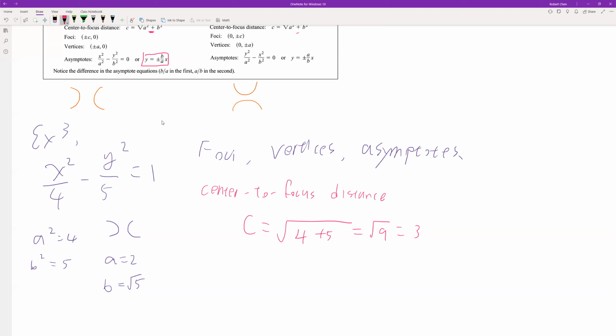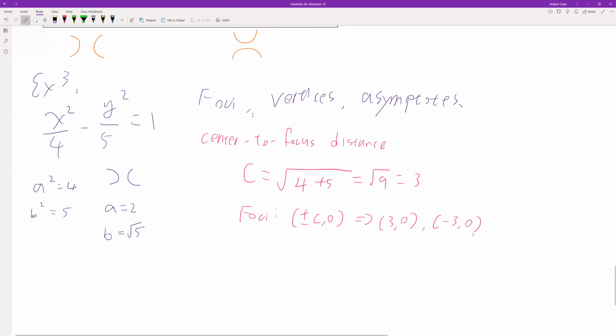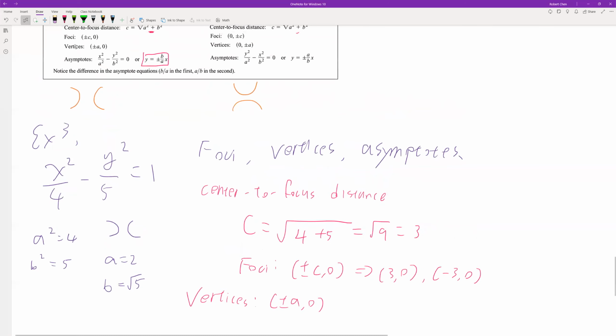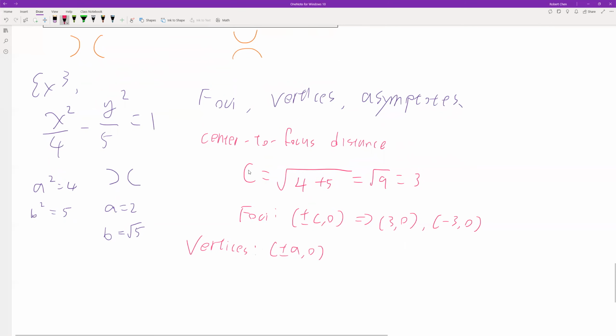The foci will just be plus or minus c, 0, which is 3, 0 and negative 3, 0. Next, the vertices. Vertices is just plus or minus a, 0 on the x-axis, where a is 2, so we have 2, 0 and negative 2, 0.